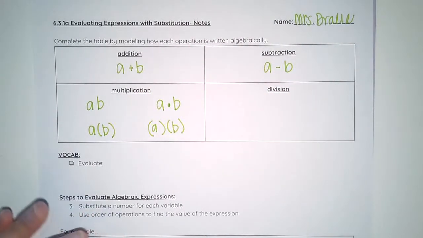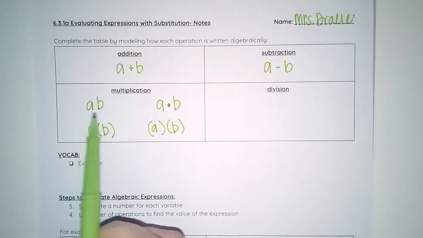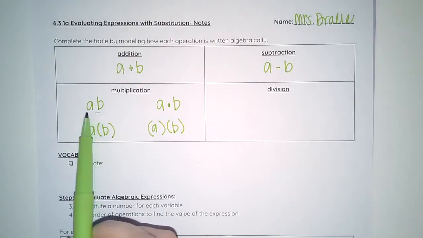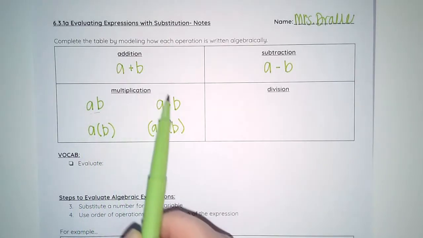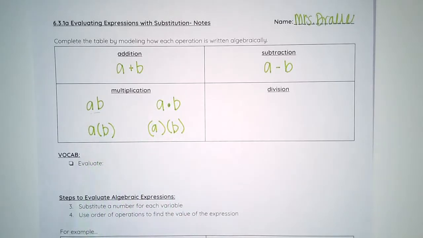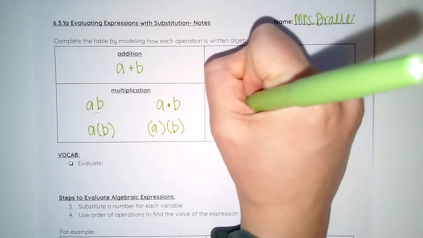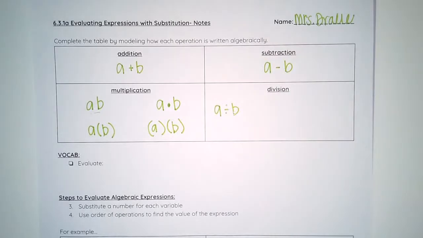Now, with our work today, we might see something like this because we have a letter, a variable, and a number, but we might need to then switch it to this. I'll show you what that looks like in a moment. For division, we will see the typical division sign.